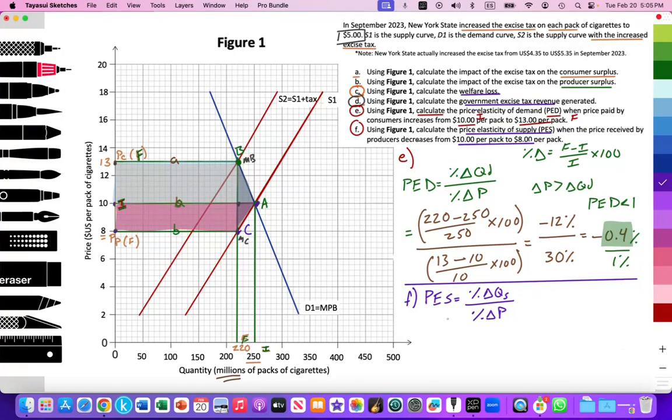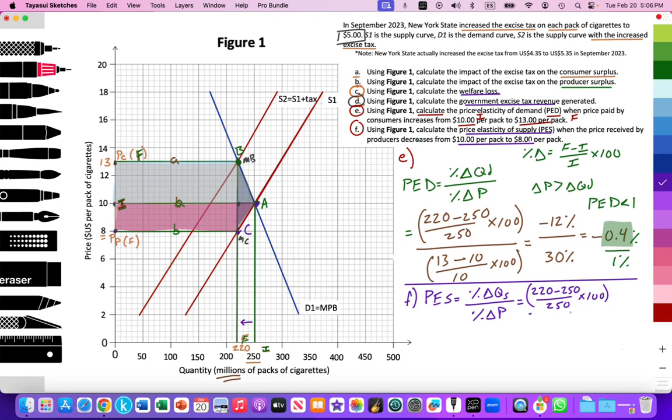All right, so let's do this. This would equal the percent change in quantity. It's the same as the percent change in quantity for the demand curve. We're both going from this quantity of 250 to 220, so it's essentially the same. So 220 minus 250, I can leave out the millions, divided by 250, final minus initial divided by initial, times 100.